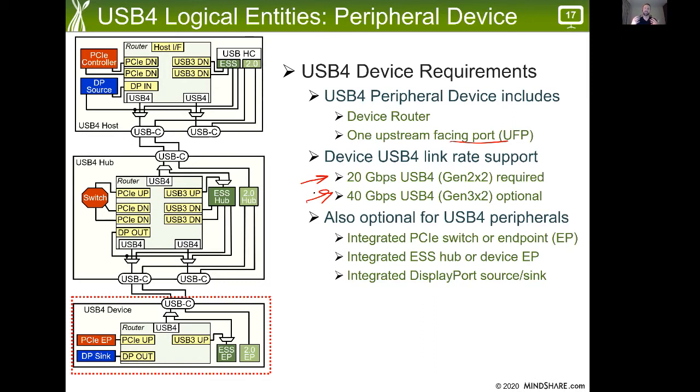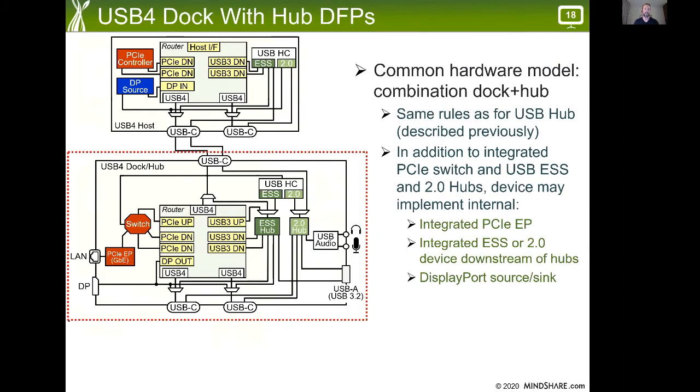So whatever the functionality of this device is, you would expect to have some internal endpoint, right? Whatever this I/O device is doing. It might be a single endpoint inside, or maybe you will have multiple as part of a single peripheral device. A very common piece of hardware that we're expecting with USB4 is going to be a combination of a hub with peripherals embedded.